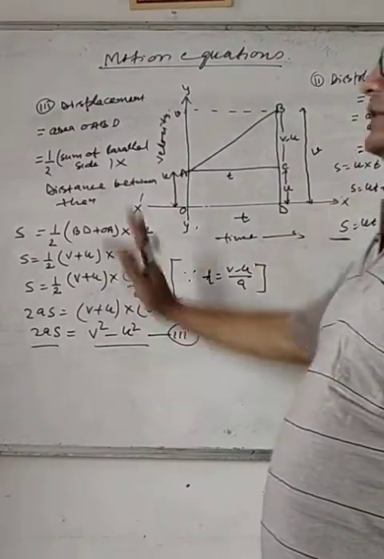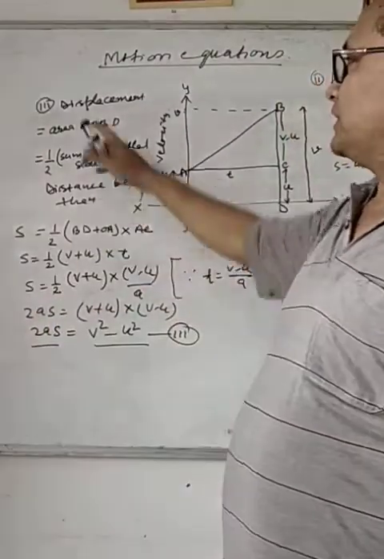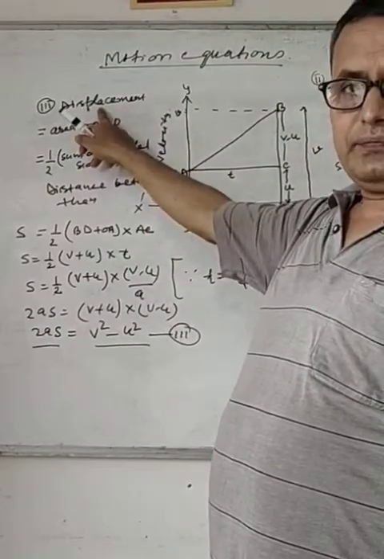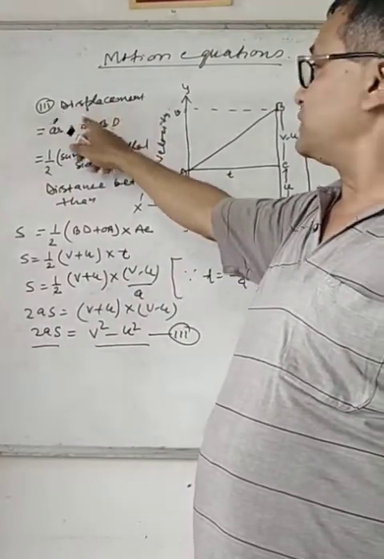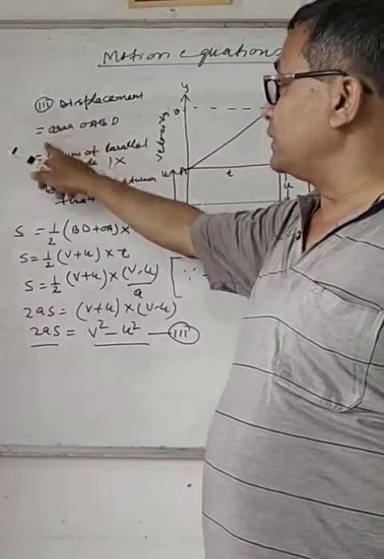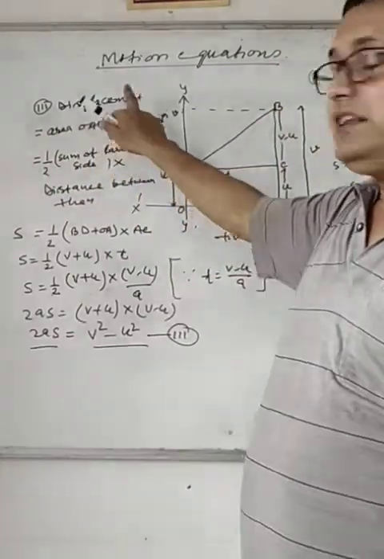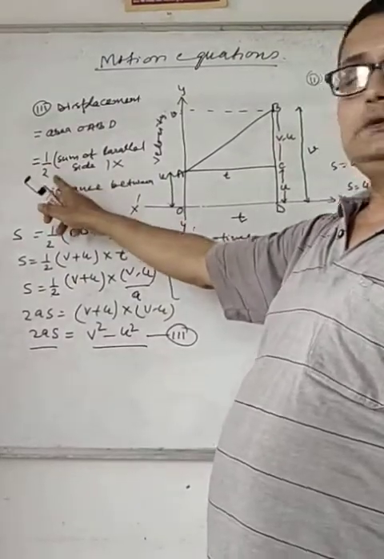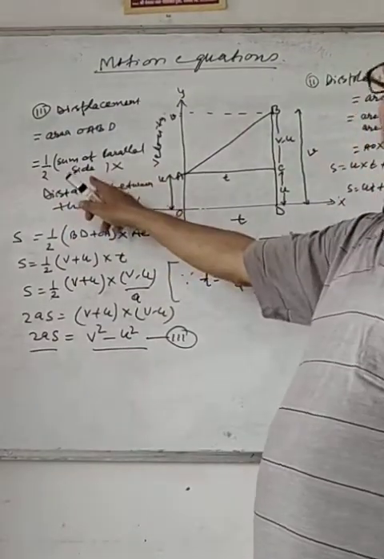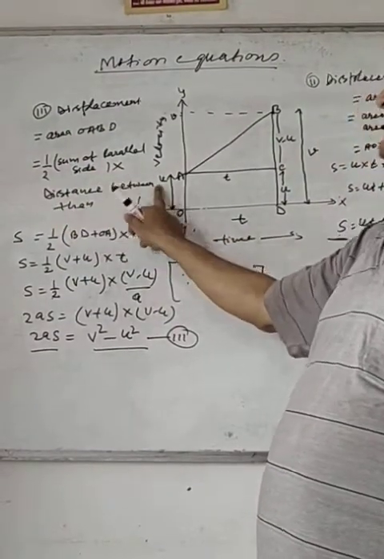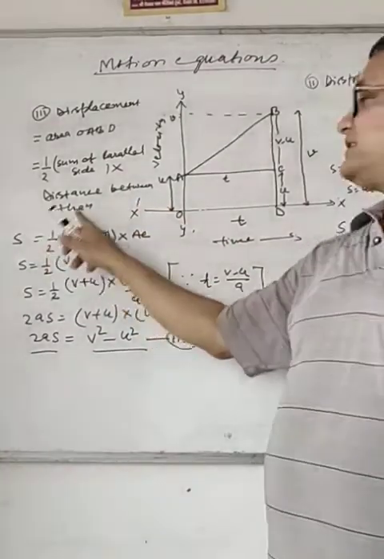relationship. In the third equation, the total distance covered by a body in a particular direction, that is called displacement, and equal to area OABD, that is the trapezium. Area of the trapezium, 1 by 2 sum of the parallel sides into distance between them.